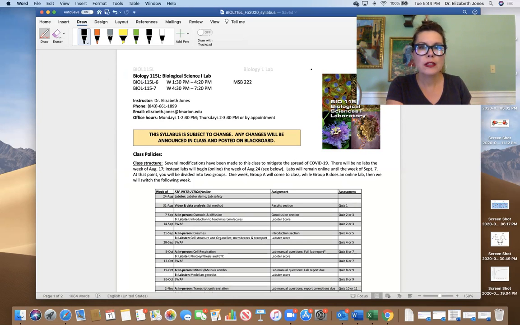Okay, so this is the syllabus for our biology lab, and I want you to notice, first of all, that I am teaching two sections of biology lab, as you can see here, 115-6 and 115-7. Those both occur on Wednesday, and this syllabus will apply to both of those sections, okay? Here is my contact information, so you can reach me via phone.